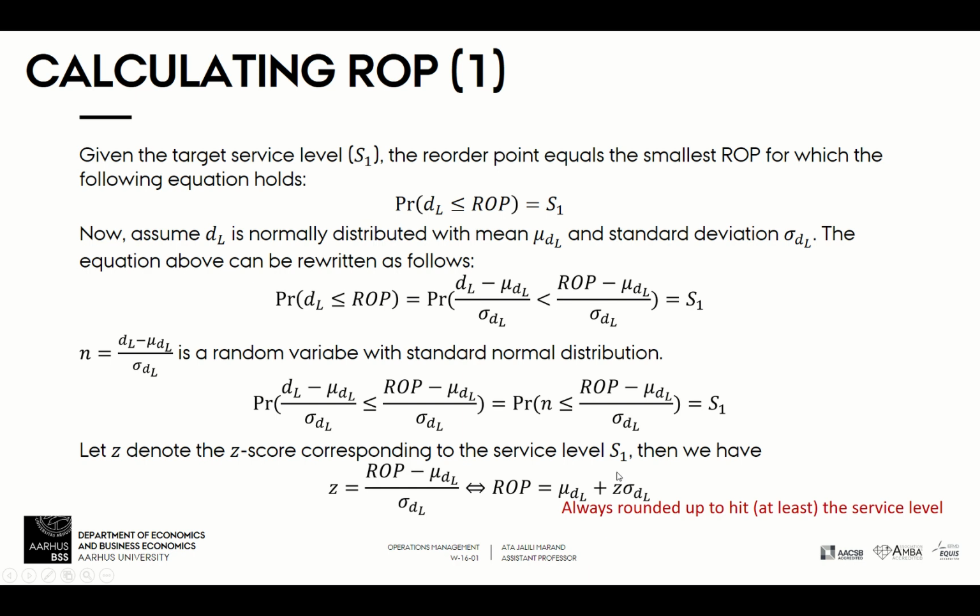And this Z is in fact the number of standard deviations above the average demand during lead time. And this value, when calculated, should be rounded up to hit at least the service level required in the system.